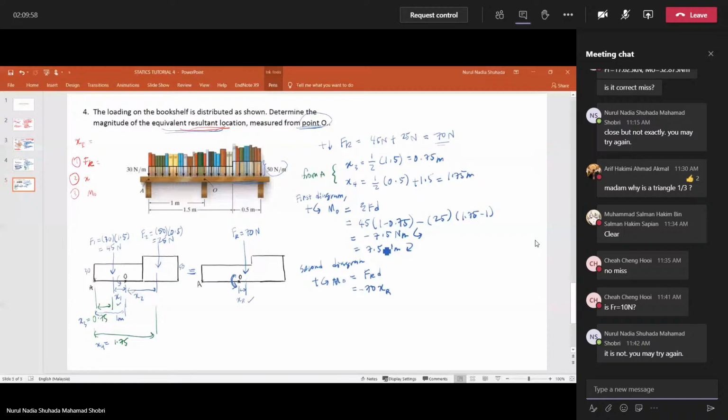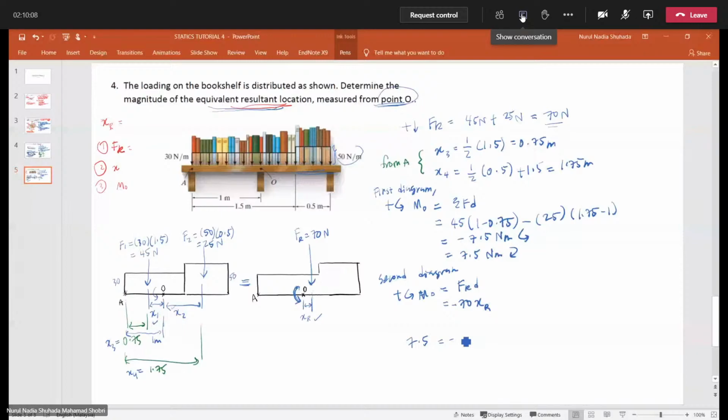Okay, so if you equate them, 7.5, you will get XR equal to 0.107 meter. So this is the final answer. The distance of the force from point O is 0.107 meter.